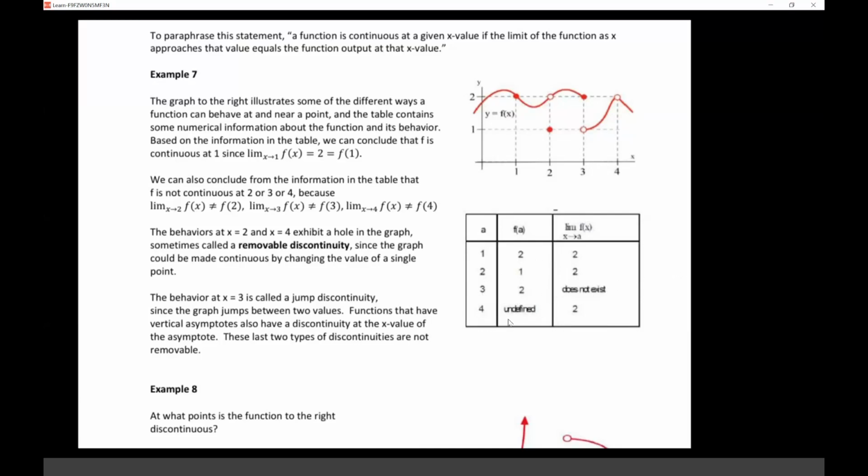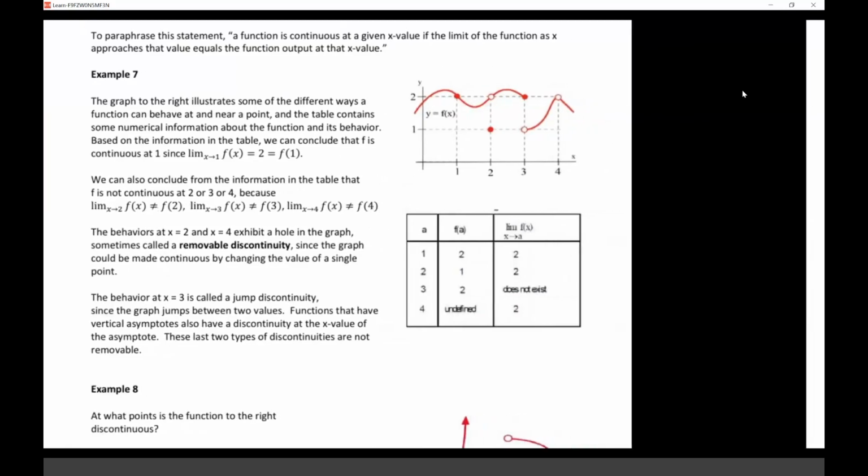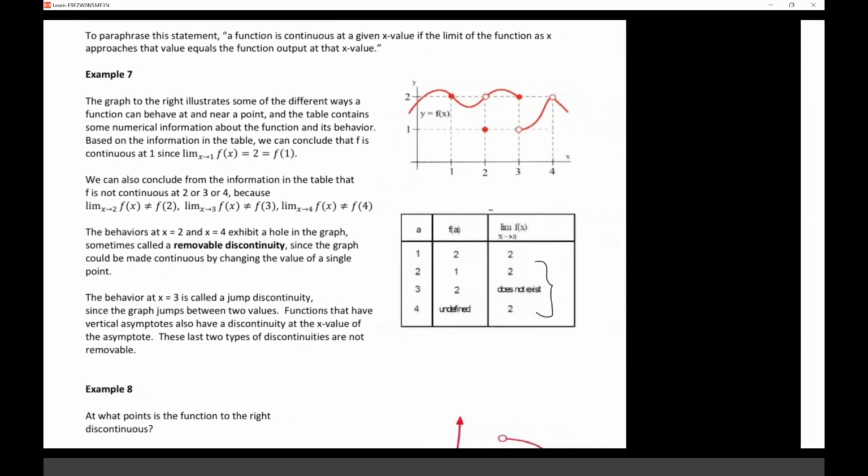And at 4, the function value is undefined. The limit is 2, not continuous. So of all the points they asked us to look at, the only one where the function is continuous is as x approaches 1. The others are not continuous, and this one is continuous.